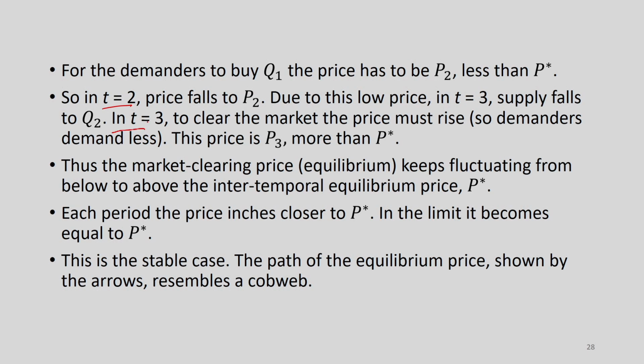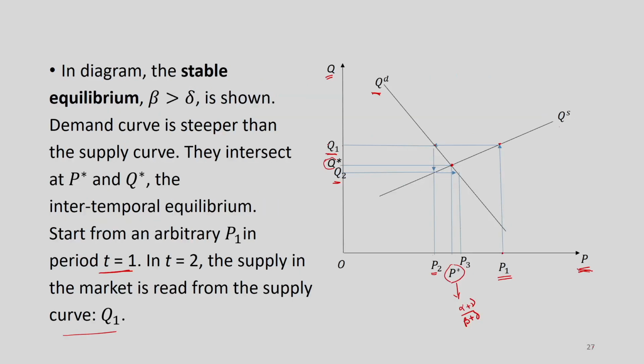So, in period 3, to clear the market, the price must rise because the quantity supplied is very low. The price must rise so the demanders demand less, and this price is P3, and in particular it is more than P star. I read P3 from the demand function, and this is the P3 price.